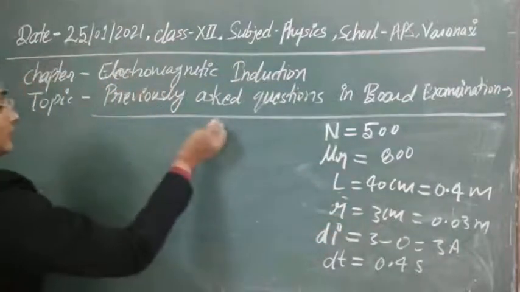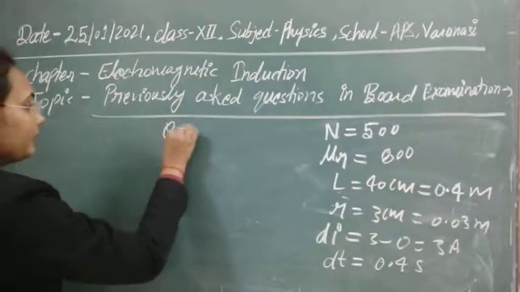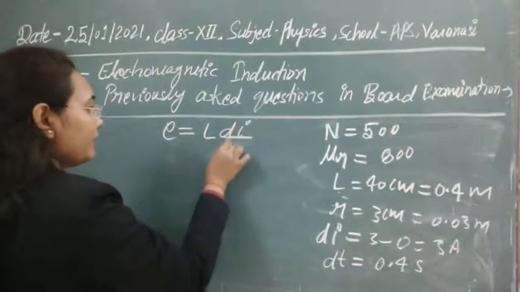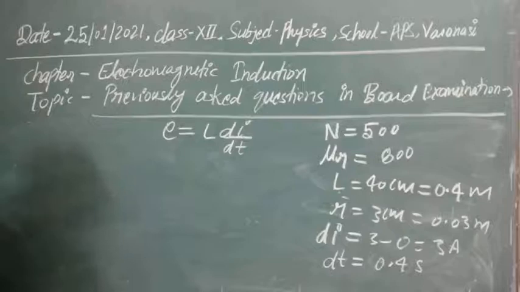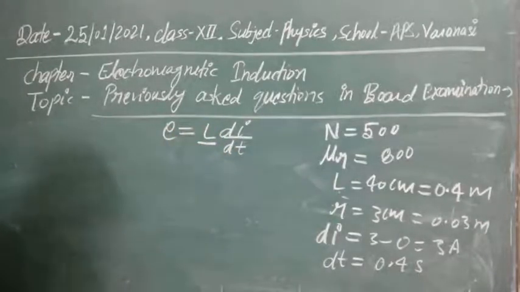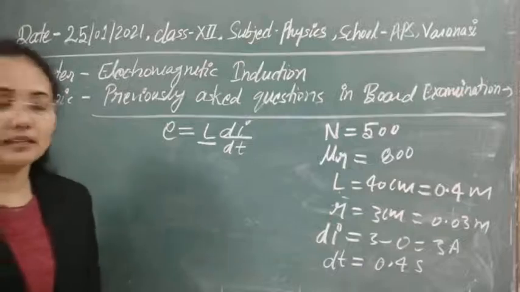So first of all, to calculate EMF, we know that EMF is given by L di by dt. So to calculate EMF, we first have to calculate the value of self-inductance here.